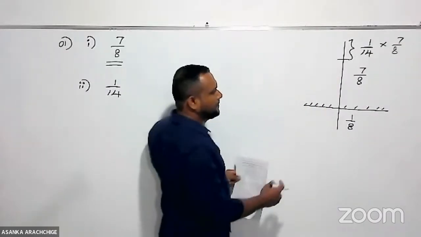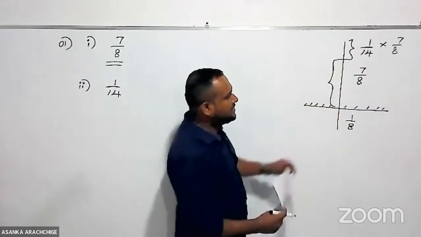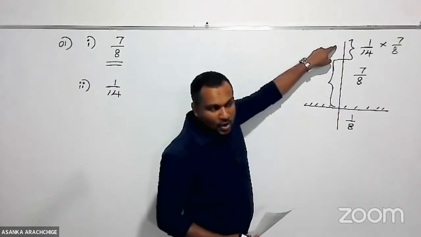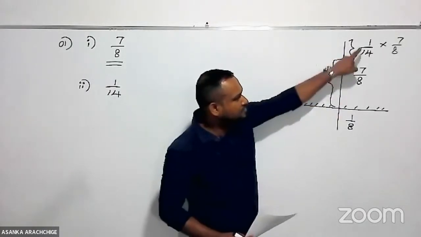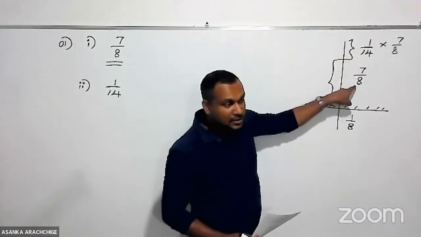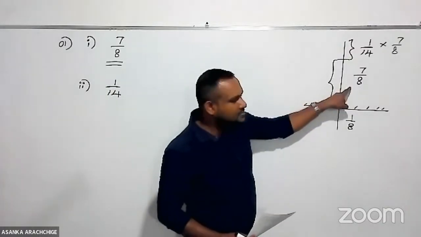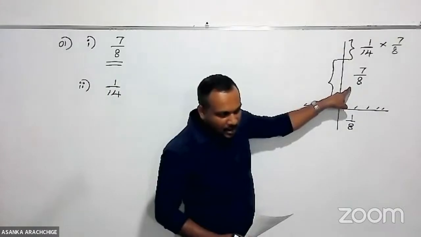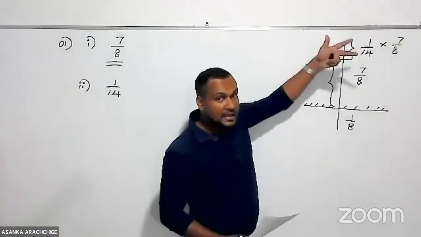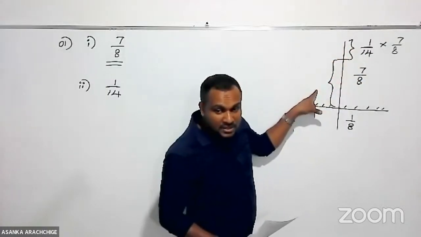So tell me, how much is left when this much is cut off? 1/14 of 7/8 is cut off. Remember, 13/14 of 7/8 is left. Understood? One part out of 14 is cut off, so 13 parts out of 14 remain.